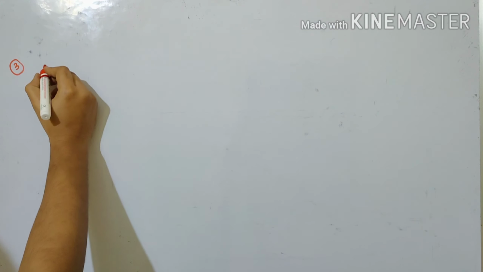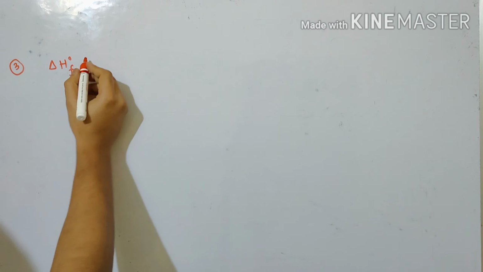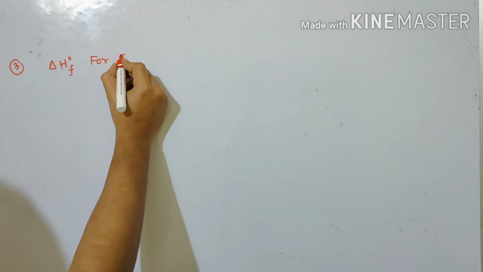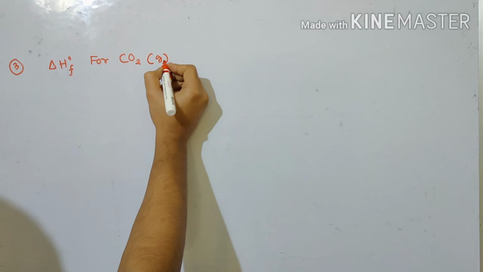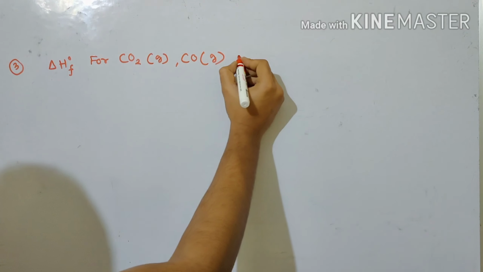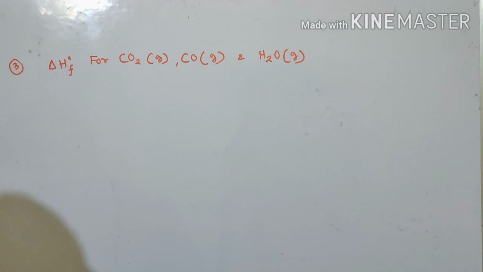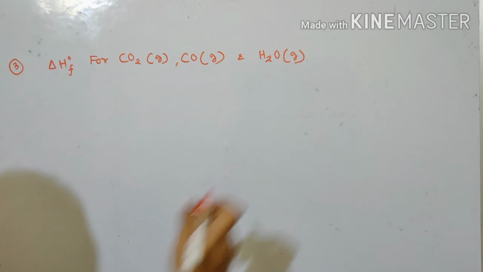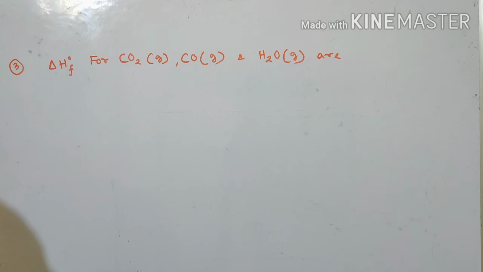The question is, heat of formation for CO2, carbon monoxide and H2O are, I'm just writing it down one by one, okay?